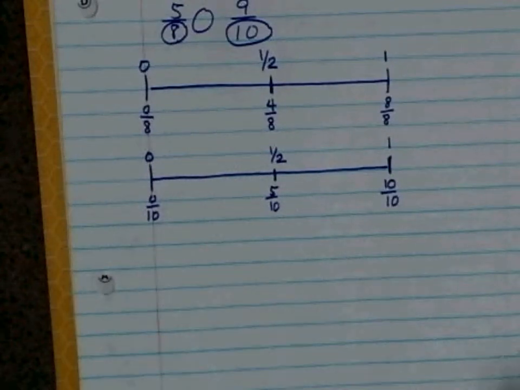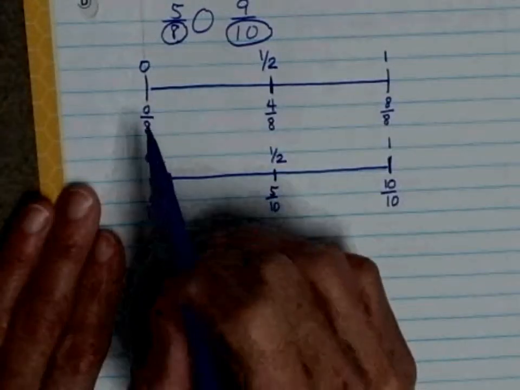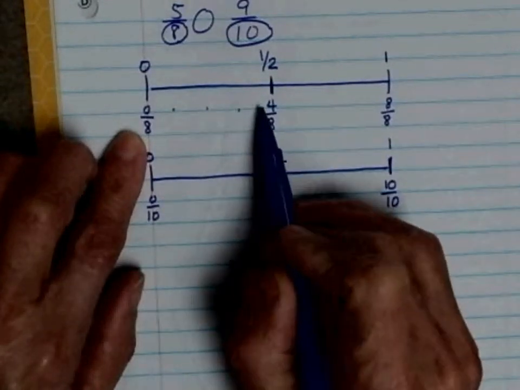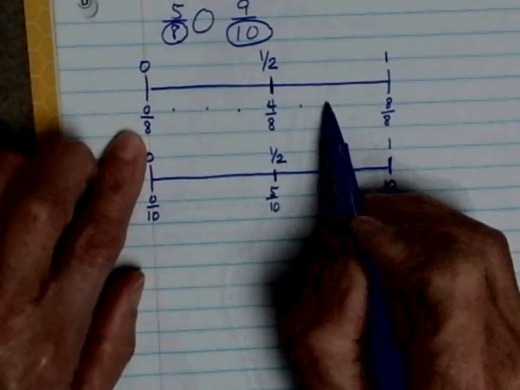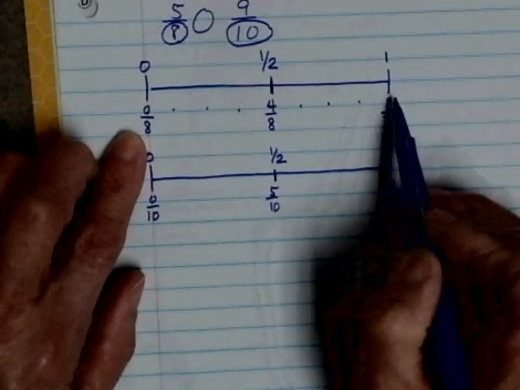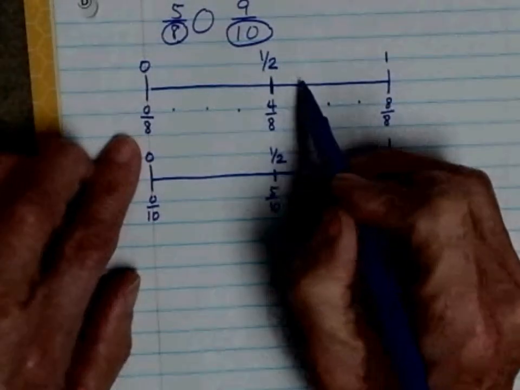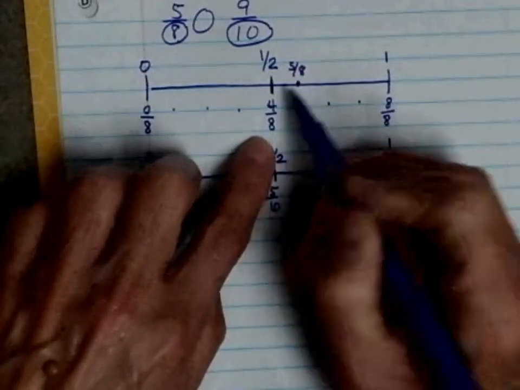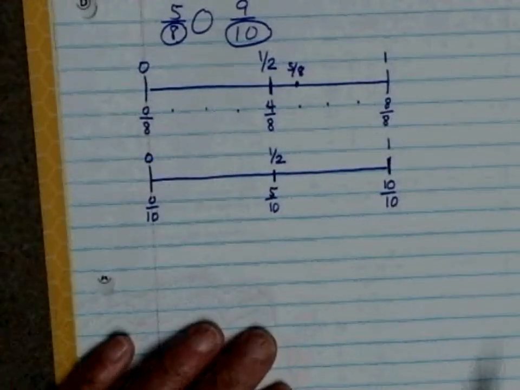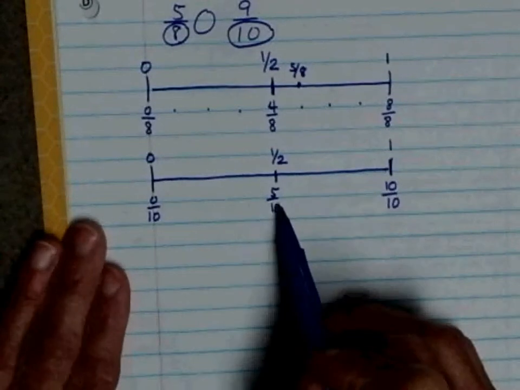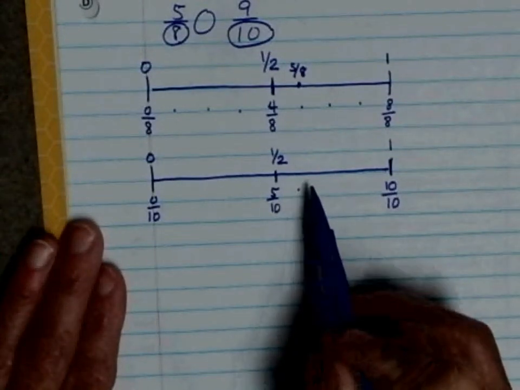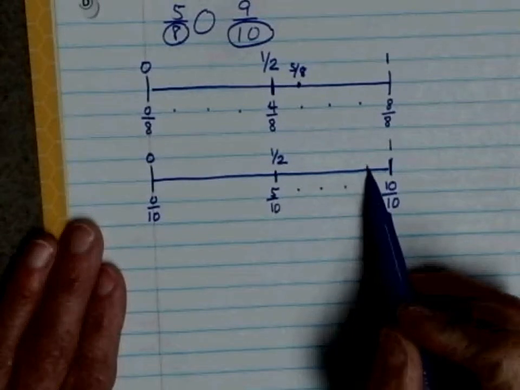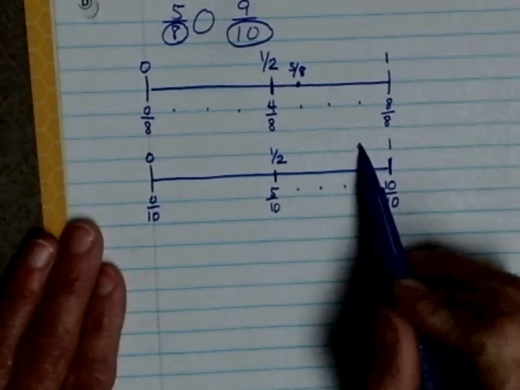Alright, so let's see. On our number line, we know that 0/8, 1/8, 2/8, 3/8, 4/8, 5/8, 6/8, 7/8, 8/8. So 5/8 would be about right here, right after 4/8. And 9/10, if this is 5/10, then we would need to go 6/10, 7/10, 8/10, 9/10. 9/10 is closer to 1.